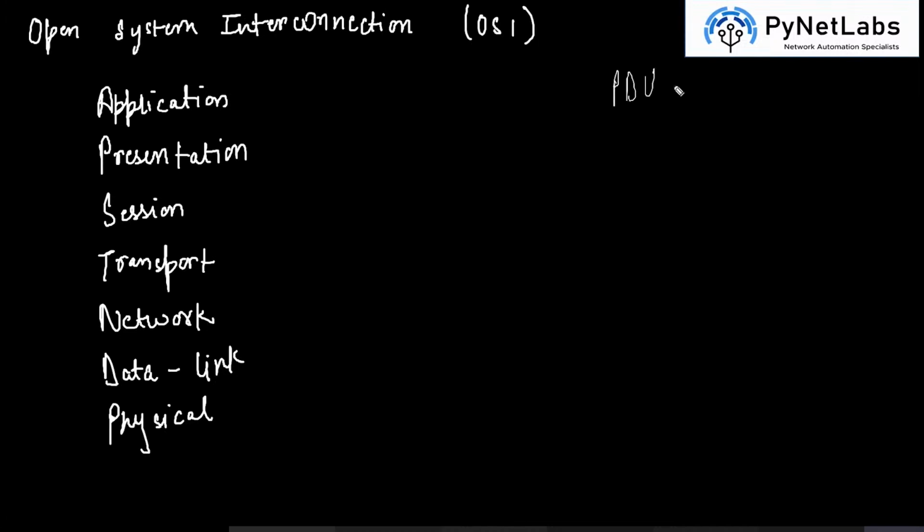Now PDU stands for Protocol Data Unit. The PDU is the same for all these 3 layers, and data is known as data only at the application, presentation, and session layer.